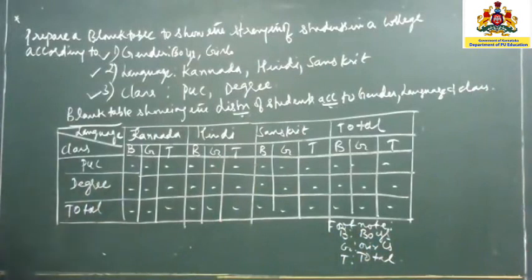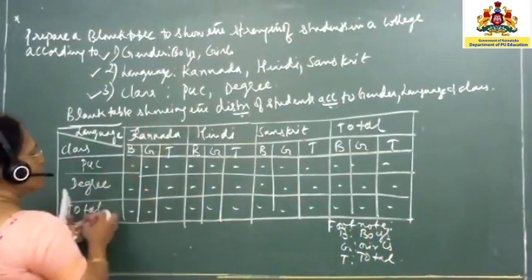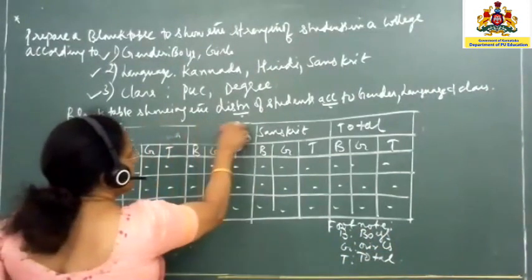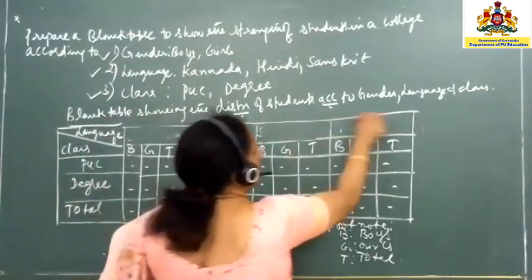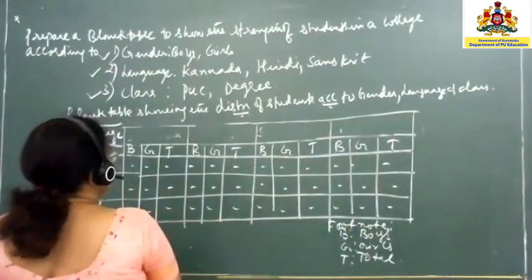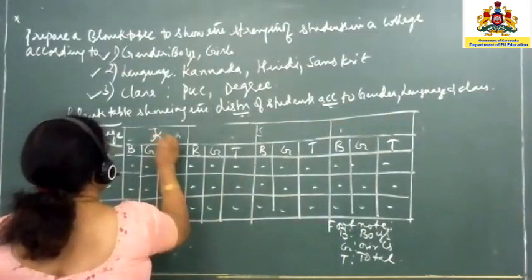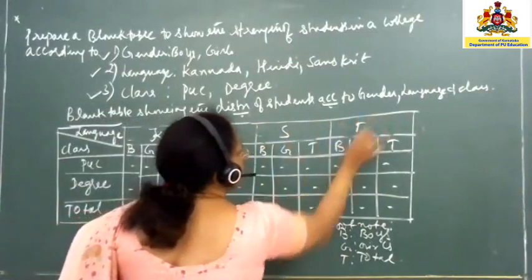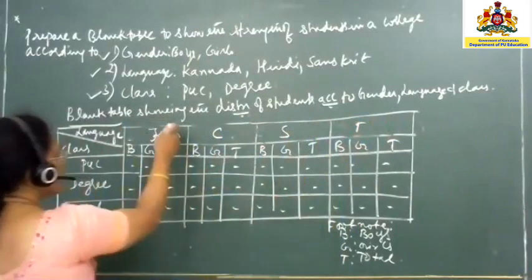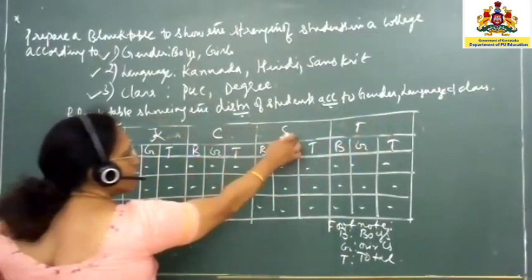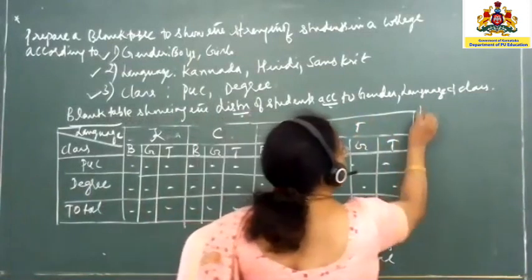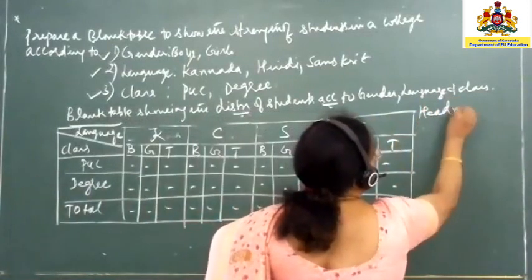Now sometimes, instead of writing this whole thing like this, suppose I make use of K for Kannada, C for commerce and S for science. If that is the case, this is a column, this is also a column, this is also a column. I have used the abbreviations for the columns. Now we have to write it as a heading.